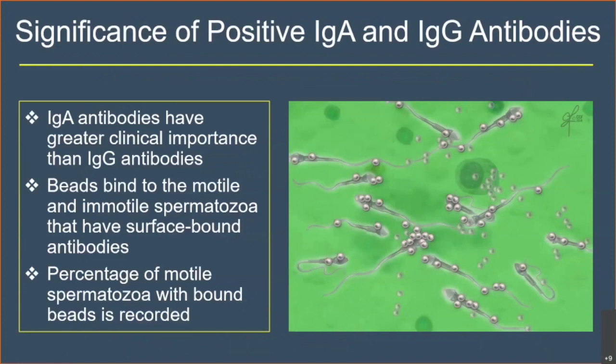And this is illustrated in a very nice illustration on the right side, the binding of the beads to either the head or multiple sites of the spermatozoa where they are bound, and the percentage of motile spermatozoa with the bound beads is recorded. So the important thing to understand is just count the motile spermatozoa with the bound beads. Next slide.